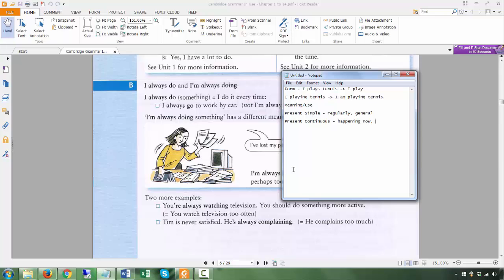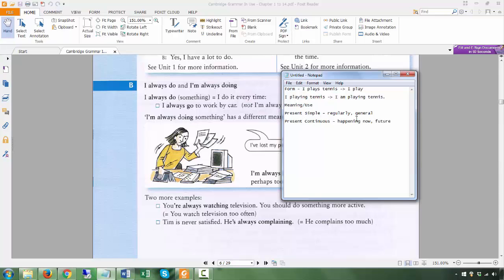Okay, even though most of the time the present simple tense is used because of this meaning, and most of the time the present continuous tense is used because of this meaning, sometimes you have special meanings. Okay, one of the special meanings and uses of present continuous is for the future.